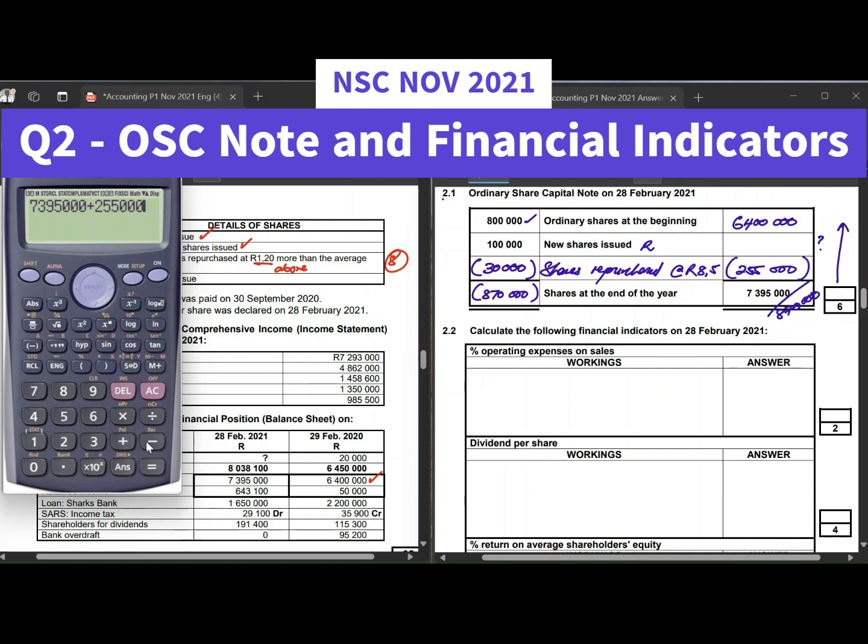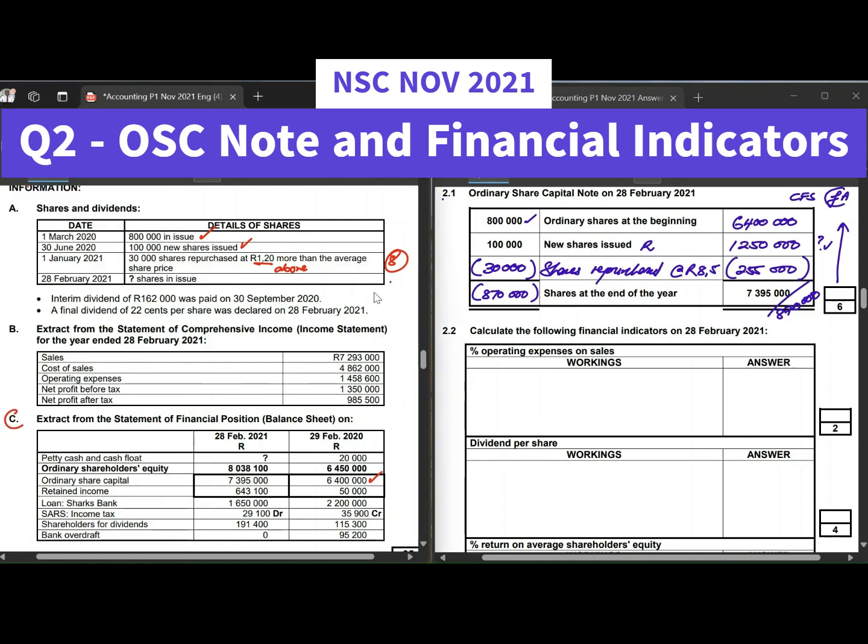So I add the 255 and then I subtract the 6.4 million, and then it will give me my 1,250,000. That is how I'll then get this amount. Remember, this amount also goes to your cash flow statement under financing activities.